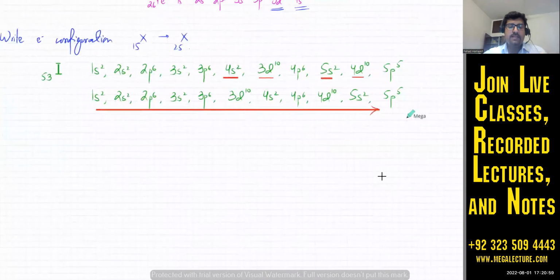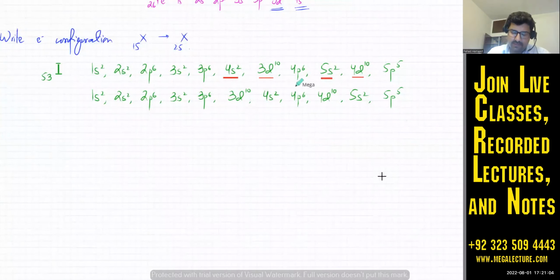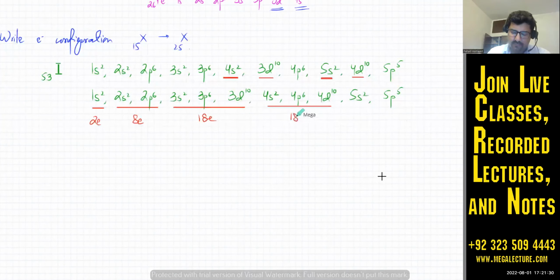If you do it shell-wise, it's kind of the same thing. It's the same O-level stuff. The first shell will have 2 electrons. The second one has, in this case, 8. So you got 2 electrons, then 8 electrons. The only thing is they're distributed in a different way. You've got 18 electrons in the third, then 18 in the fourth, and the outermost shell has 7 electrons.